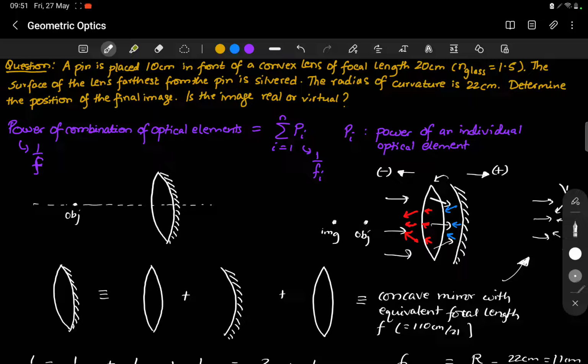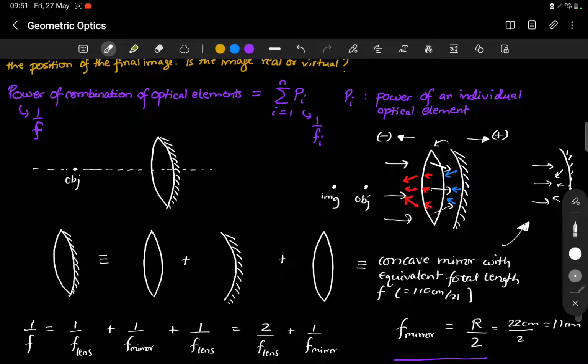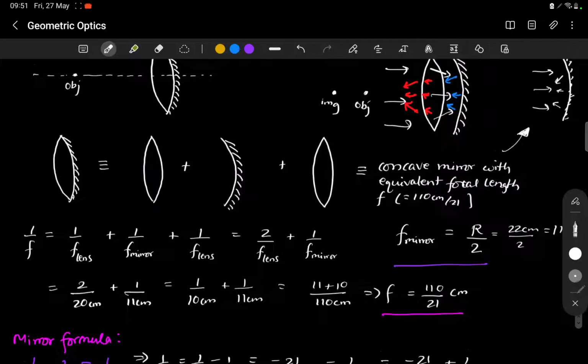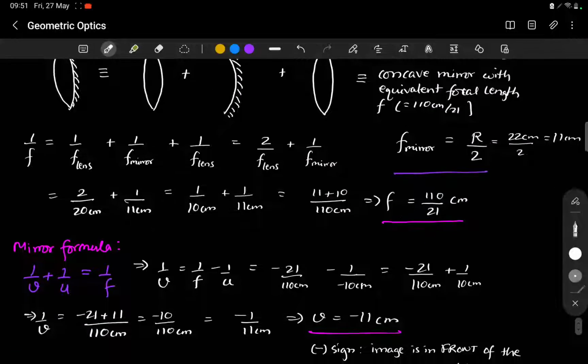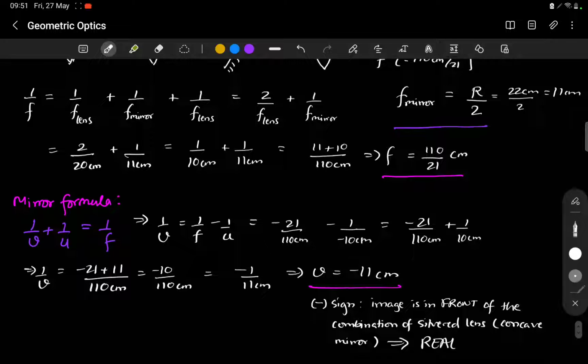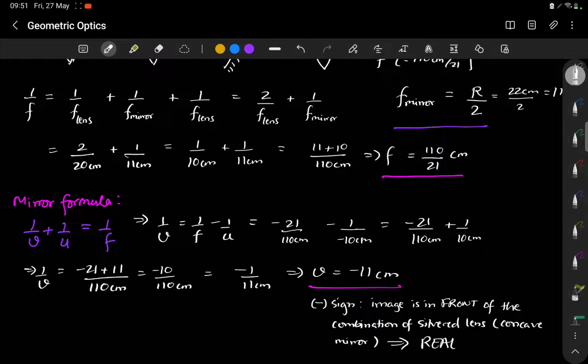This image is being formed in front, meaning on this side of this combination that we have. So that means it is real. Had it been formed somewhere over here, somewhere behind the silvered part, then it would have been virtual. So this solves the question. We found the image distance and whether the image is real or not. So our image is real.